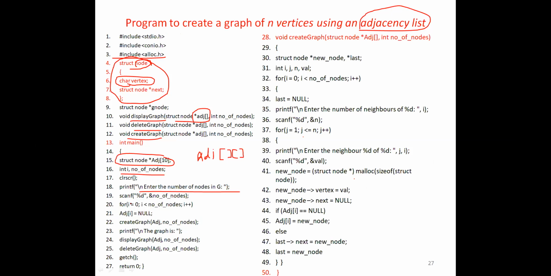Then that's what this number of nodes is, 3. Then what I am doing? Initially, what we told, we are allocating an array of 10 pointers.